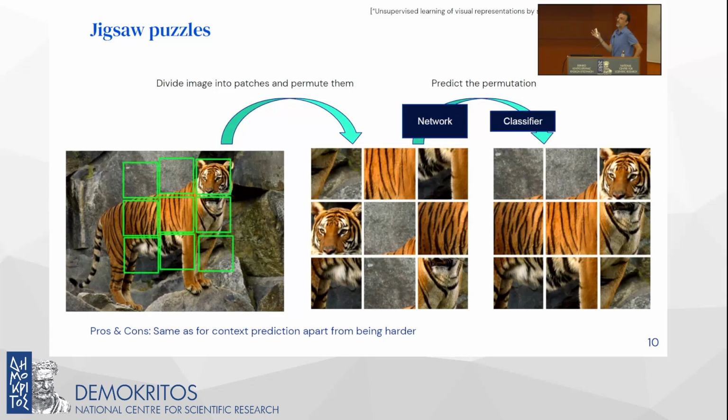Actually, a more difficult, challenging version of the same task is the so-called jigsaw puzzle pre-training. In this case, you take a random crop from an image, you divide it into 3 by 3, 9 patches, you randomly shuffle them, and then you train a network to predict the correct permutation, to basically do the unshuffling.